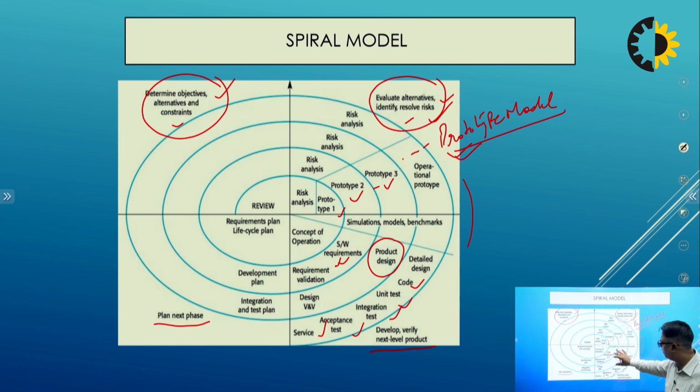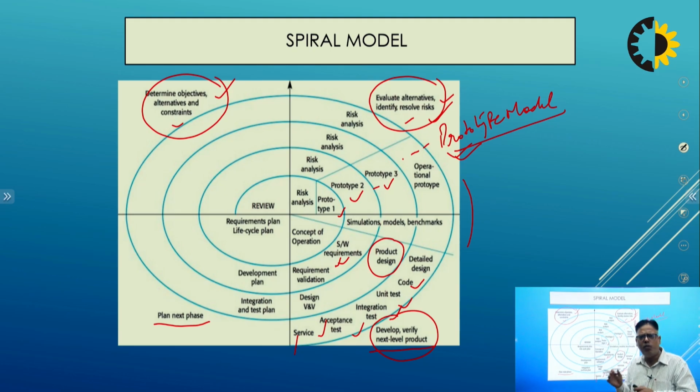These are the basic SDLC phases, which belong to the third phase, called development, verify and launch the stable product. After completion of the third phase, if customers are satisfied, then we deploy in the market.